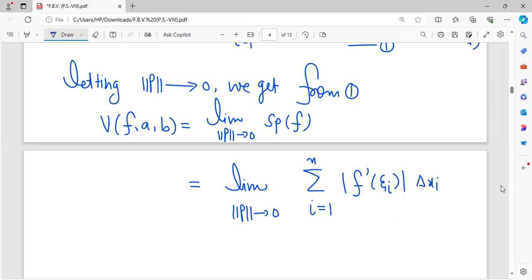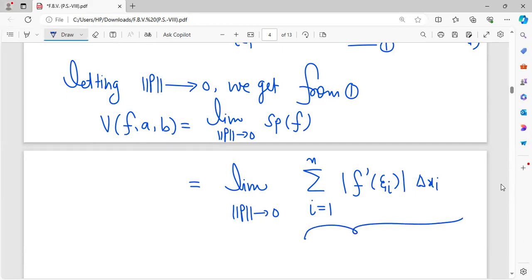Now this function is Riemann integrable and the norm is tending to 0. By Riemann integrability, this type of summation gives the integral.